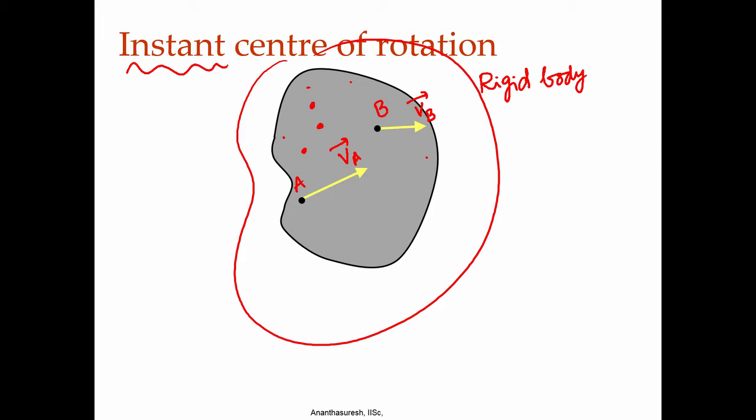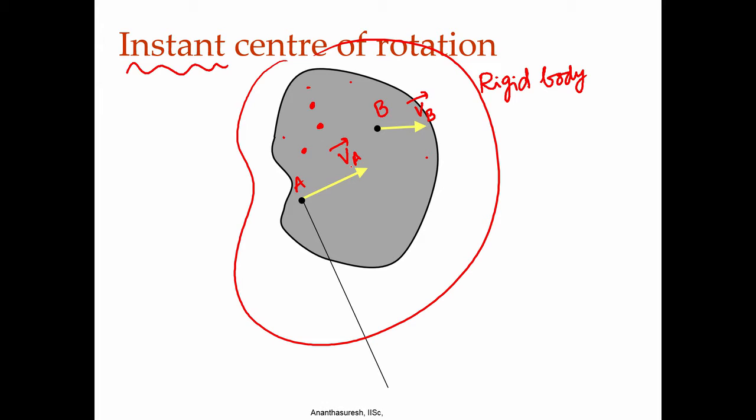In order to compute such a point which has 0 velocity, what we do is we draw a perpendicular at point A to the direction of the velocity. Velocity V A is there, so it appears to be moving in that direction instantaneously, that is what velocity means.